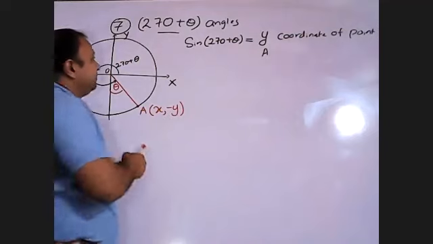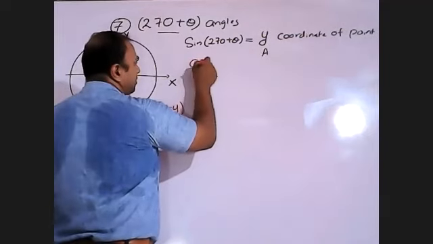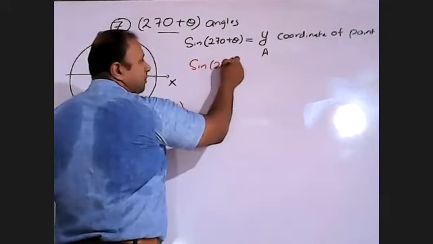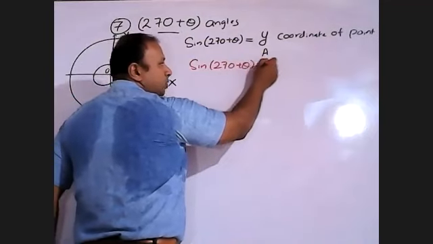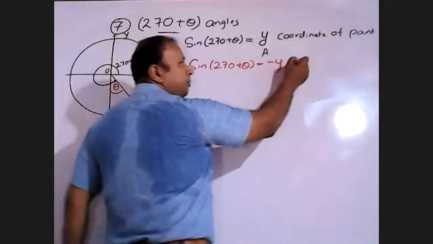Therefore, I can write sine 270 plus theta is equal to minus y. Put it as 1.